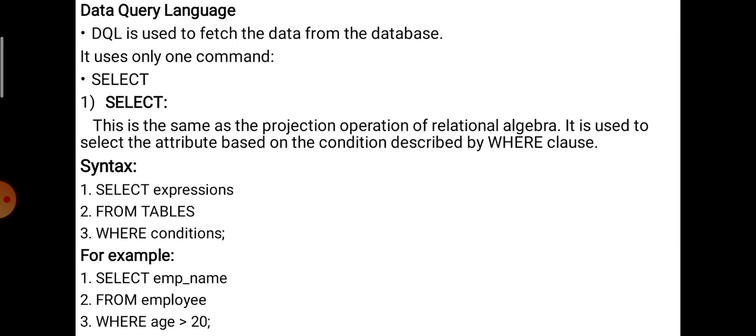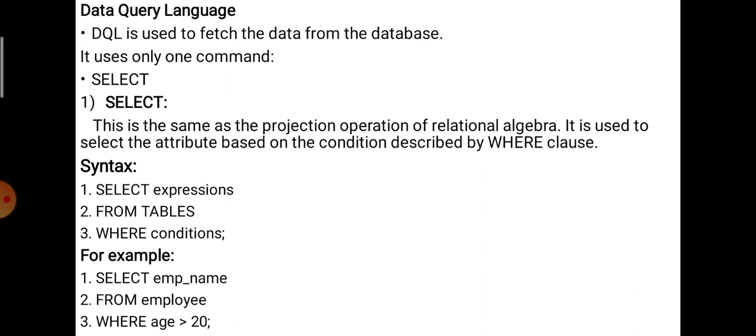Syntax for this is: select expressions from tables where conditions. In this, the select command is going to select the attributes that are given in the expressions. From is a keyword. Tables mention the tables from which the data has to be collected. And where is again a keyword, followed by some conditions.